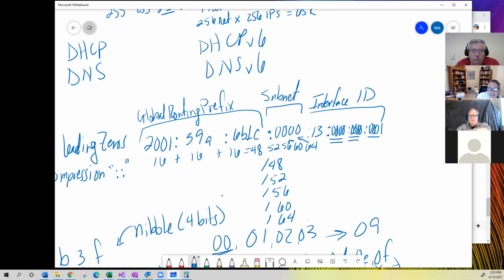Out here they give it to him as 2001:39A:6B1C::/64. That's the number he gets for St. Martin's. So what that means is this subnet section right here, he can modify all of these bits into subnets for St. Martin's.